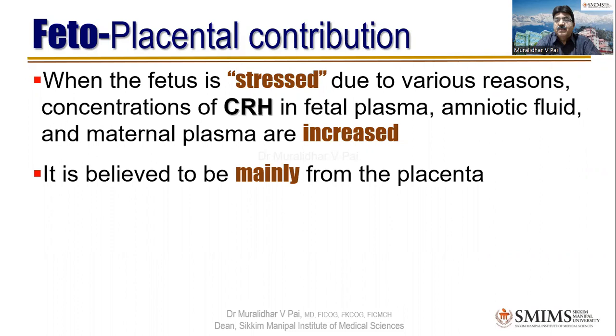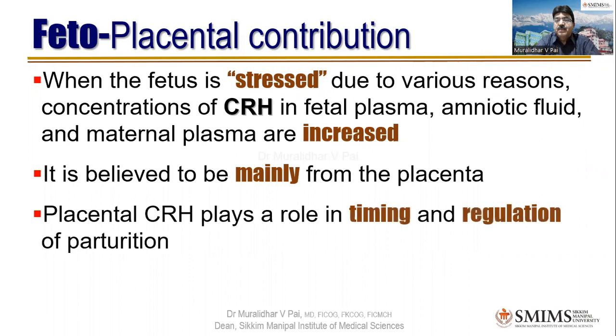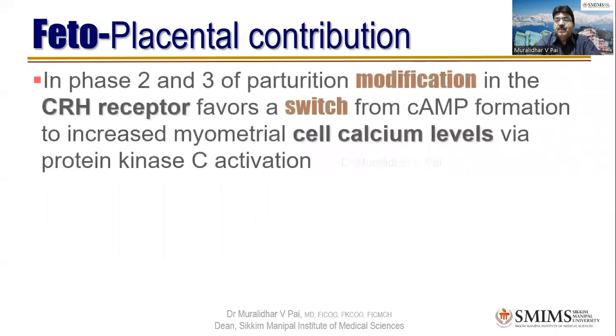We have to get to understand maybe. The placental corticotropin releasing hormone plays a role in timing and regulation of parturition. This is the meaning of how the fetus is the one who takes the call, and the fetus is responsible for timing of initiation of labor. And of course, through CRH, it regulates the parturition. So that is the connection, feto-placental contribution.